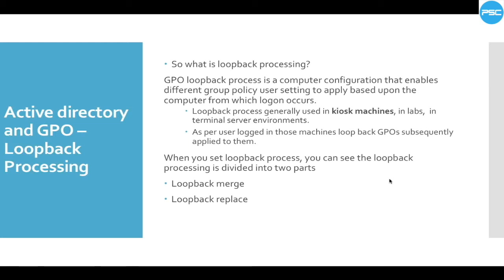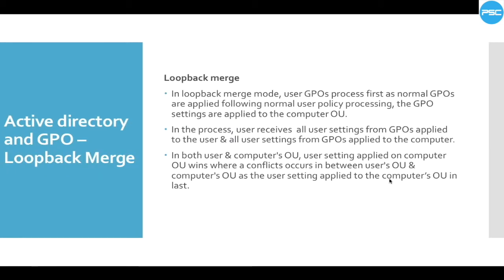There are two types of loopback processing. First one, loopback merge, and second one, loopback replace. First of all, we'll discuss loopback merge. In loopback merge mode, user GPOs are processed first, as normal. Following normal user processing, the GPO settings applied to the computer OU are processed.